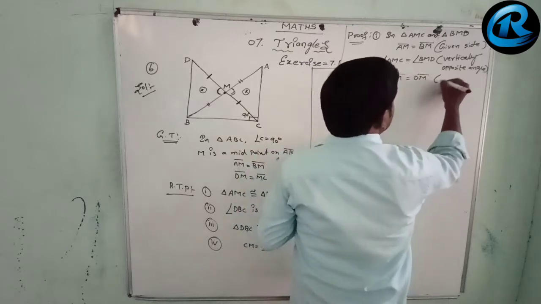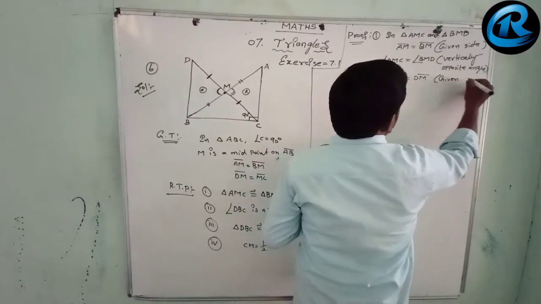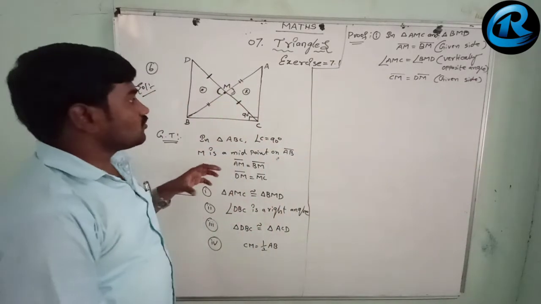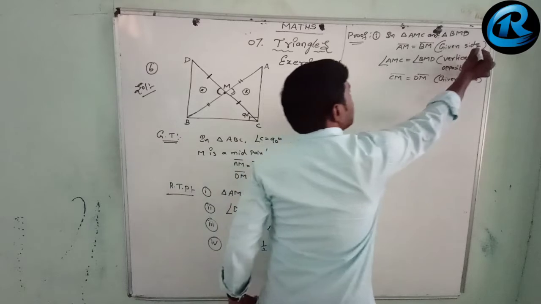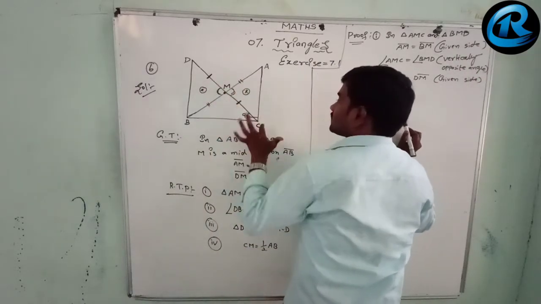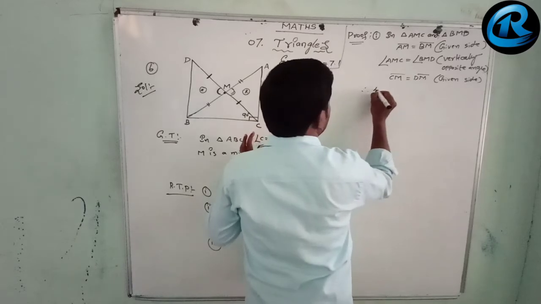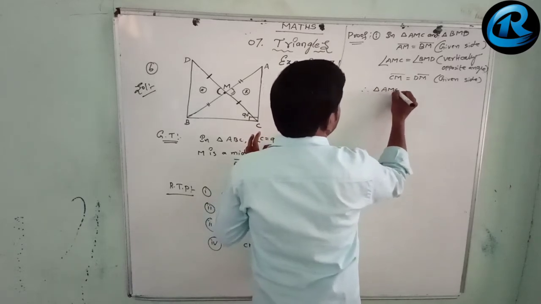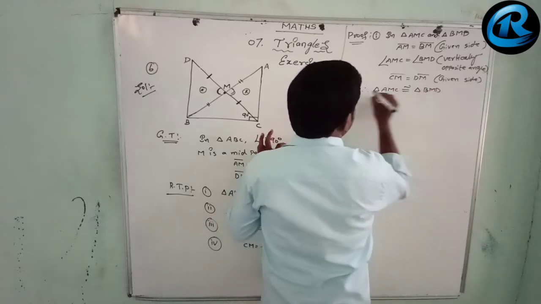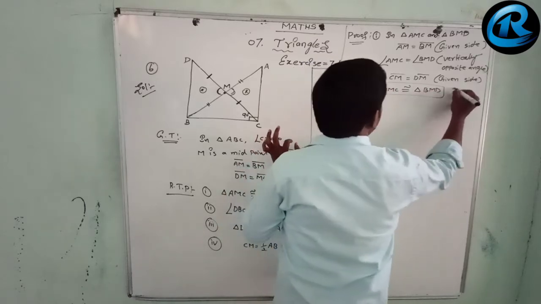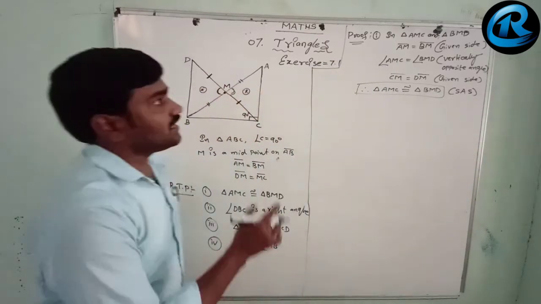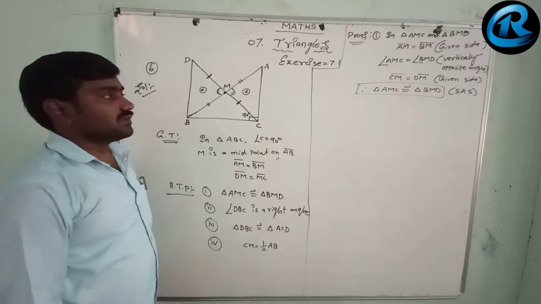This is also a given side. Now by the rule of side angle side, triangle AMC is congruent to triangle BMD. That is completed.